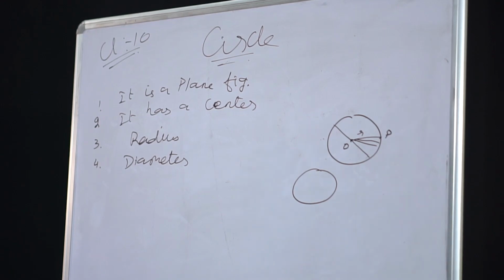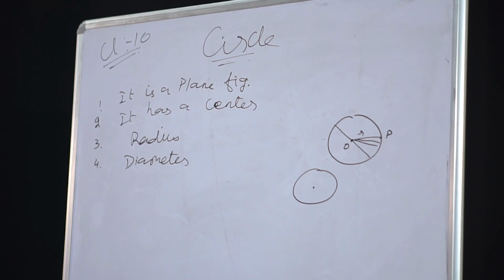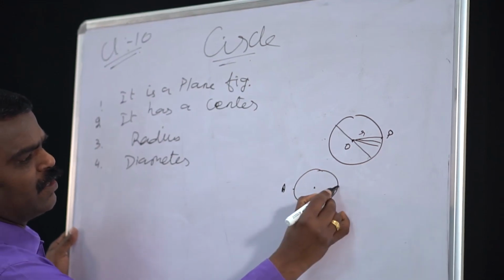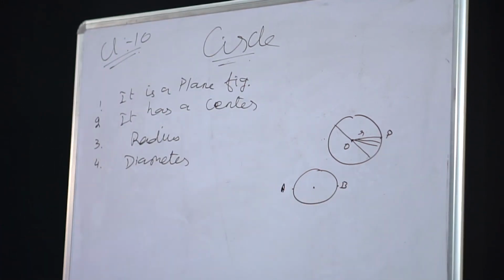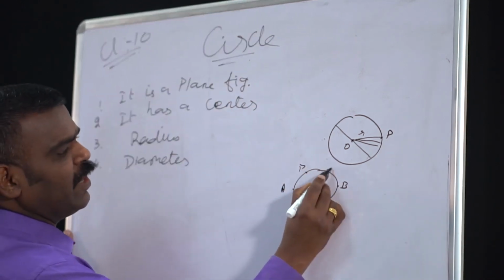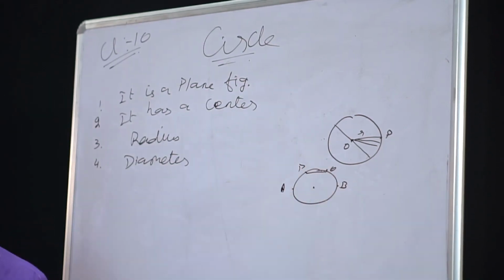The line segment which joins 2 points on the circle, one point A, another point B, and keep in mind another very important point, through the center. Because if one point P is here and another point Q here, you cannot say it is a diameter, right? Here also 2 points on the circle are connected, but that cannot be a diameter.